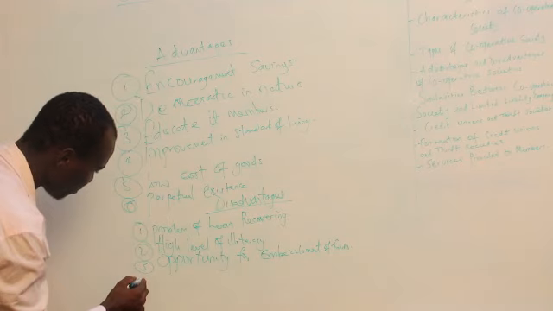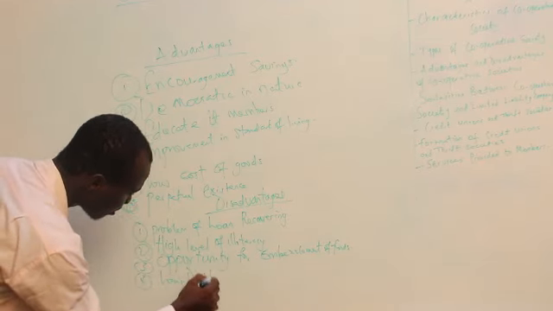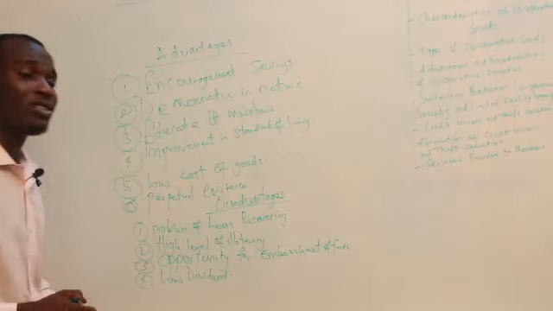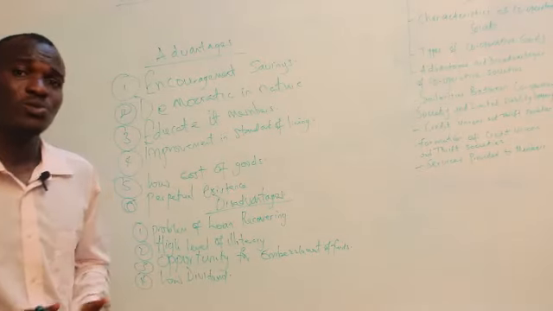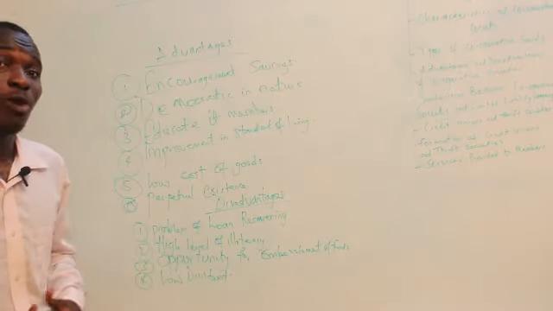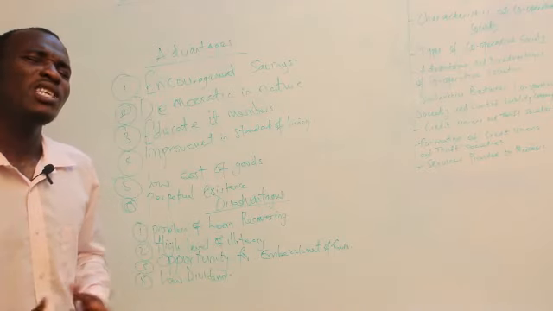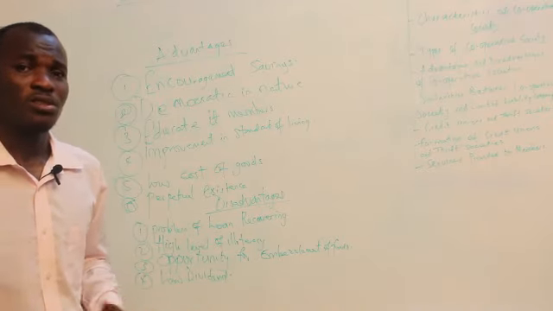So we also have low dividend. The reason why the majority of citizens are not contributing their money to the cooperative society is as a result of the low dividend being given to members at the end of the period.